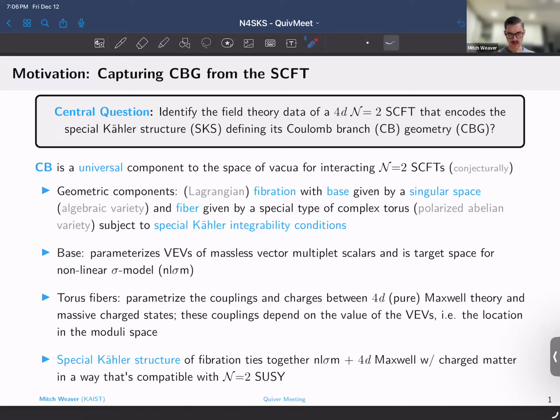And these couplings typically depend on the value of the VEV, by which I mean where you're actually at in the moduli space. And finally, this special Kahler structure is really what ties these latter two components of the fibration together in a way that's all compatible with N=2 SUSY. So that's the idea. And we'll go over this in a little more detail after I get through this motivational slash introductory part.